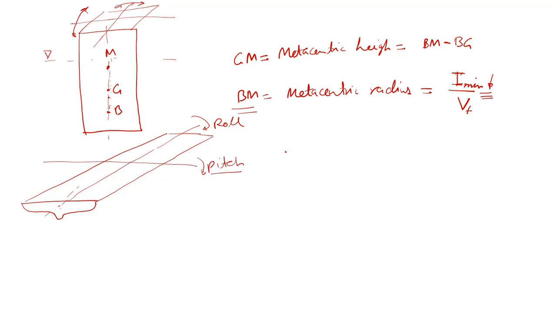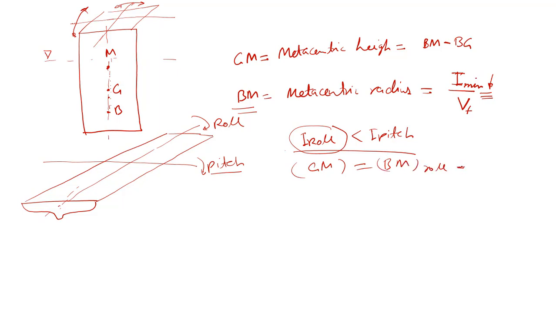Which one is minimum? I roll is minimum, I roll is less than I pitch. So whenever we talk about stability, we'll calculate the BM corresponding to I roll, and GM will be calculated corresponding to roll only. GM roll equals BM roll minus BG, that is I roll upon V minus BG, right?